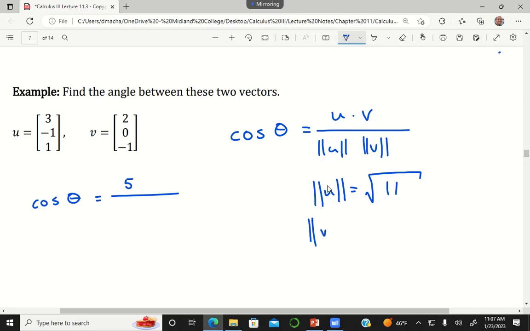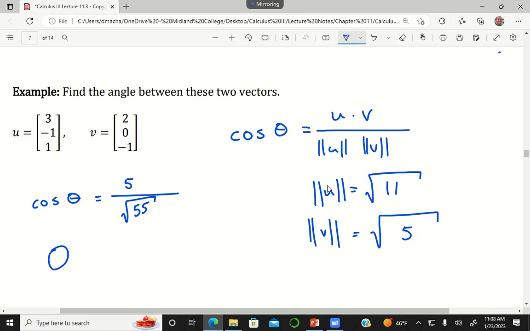And then norm v is going to be root of 2 squared plus 0 squared plus negative 1 squared, which is root 5. So this is saying cosine of theta is 5 divided by root 11 times root 5, which is root 55.